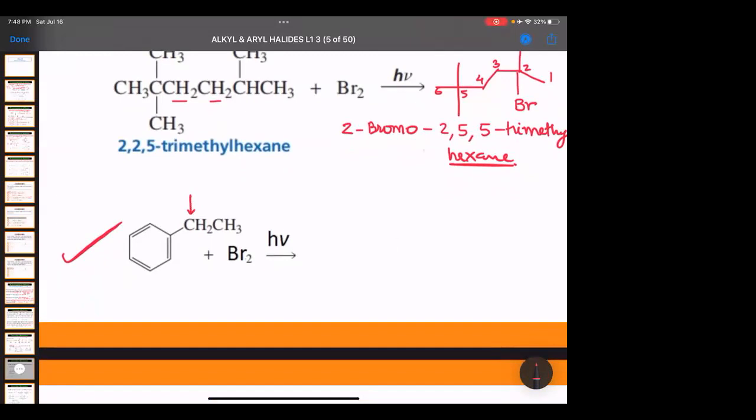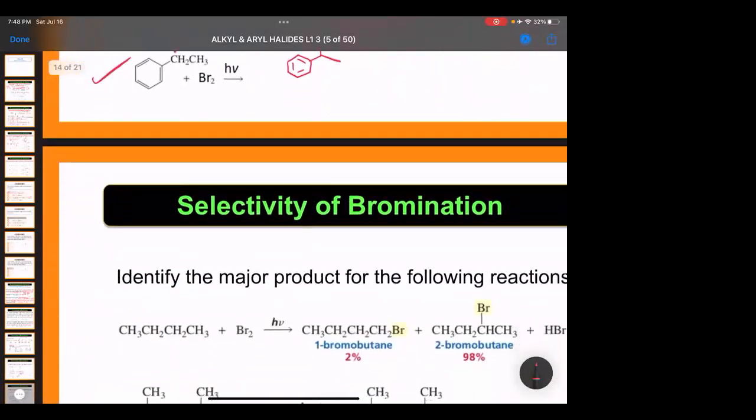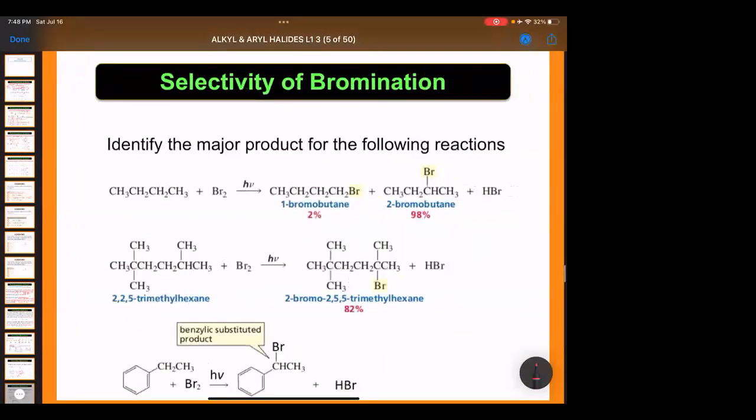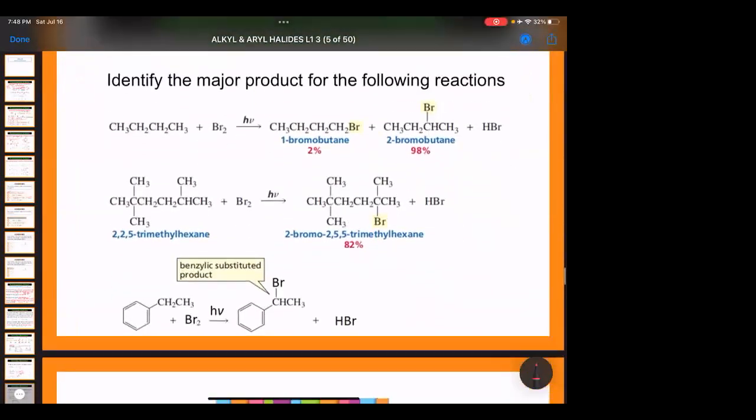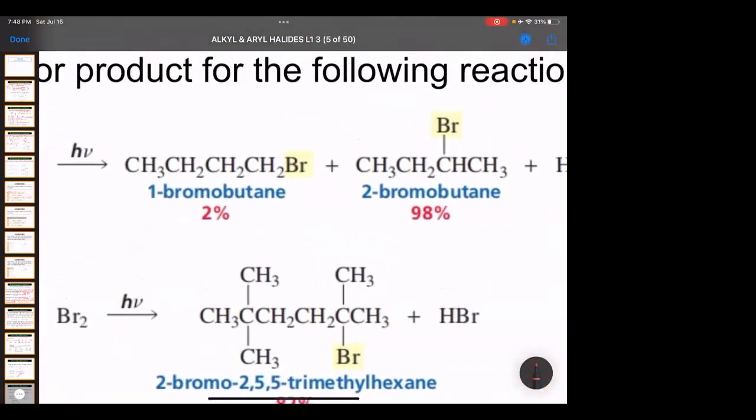So benzylic carbon. Is it clear? So here you can see the main distribution of the products. This is the actual thing which is happening with the numbers to support our answer. Right? Yes, sir.